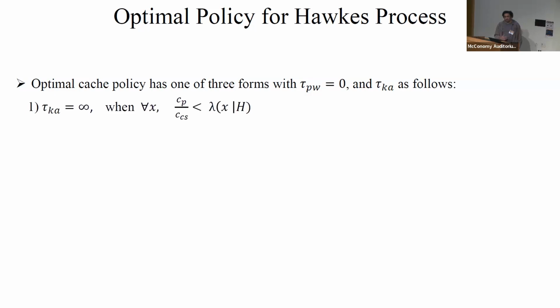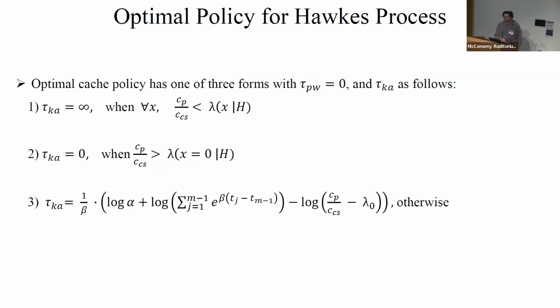So the length of the keep-alive window is infinite if C_P by C_CS is less than lambda of x for all x, or the length of the keep-alive window is 0 if C_P by C_CS is greater than lambda of x at x equal to 0, or the length of the keep-alive window is given by the expression 1 by beta times log alpha plus log of the sum of e to the power beta times (previous arrival minus the most recent arrival), minus log of C_P by C_CS minus lambda naught.